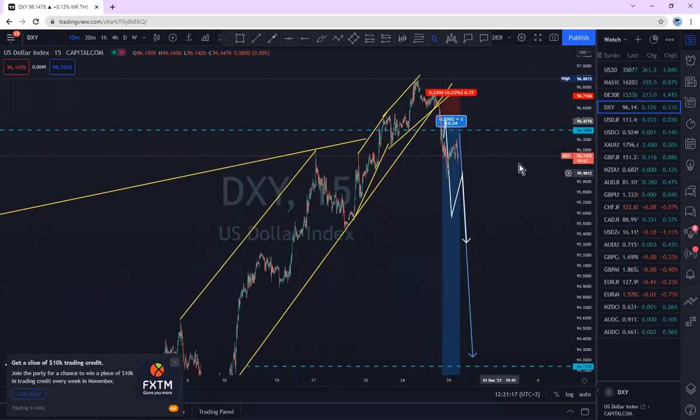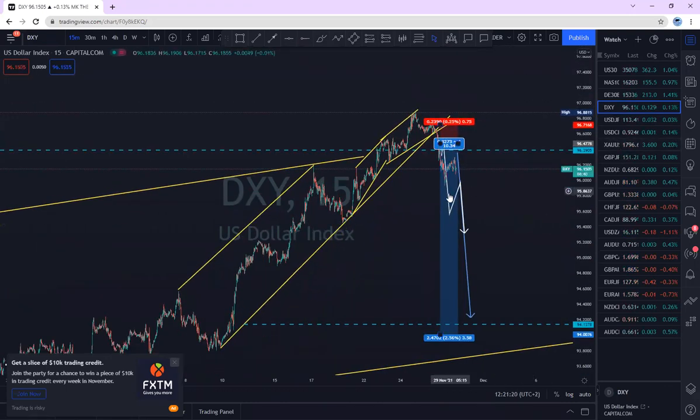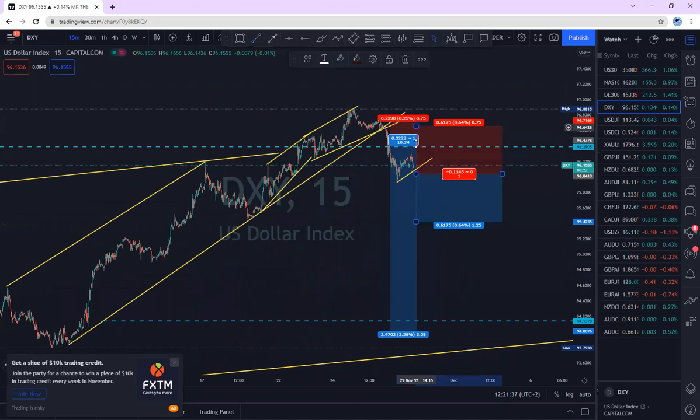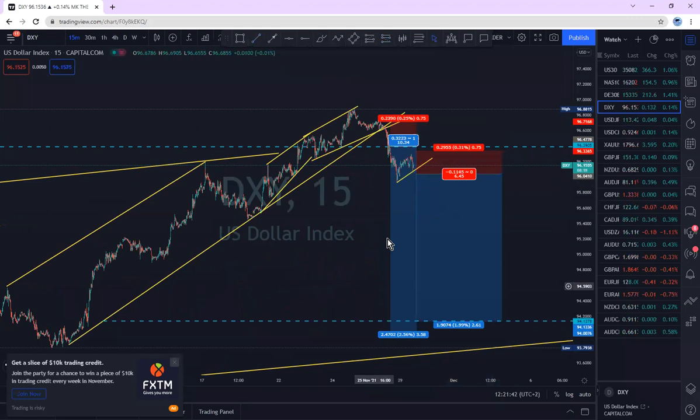So if you trade the dollar index, I think you must consider selling it when it breaks this level, and then stop loss above here, and then take profit will be here. Or when it comes back up here for a third touch, then you can sell it.